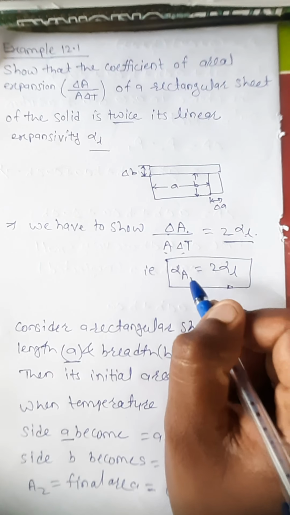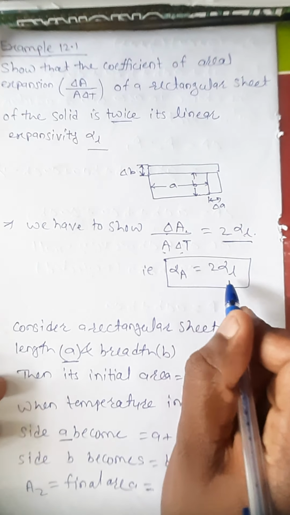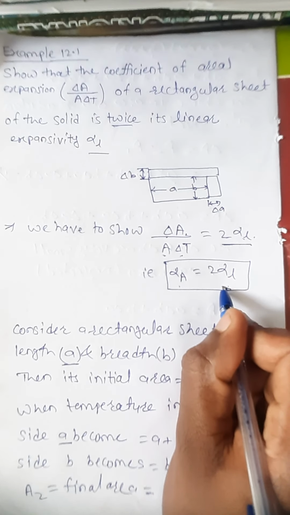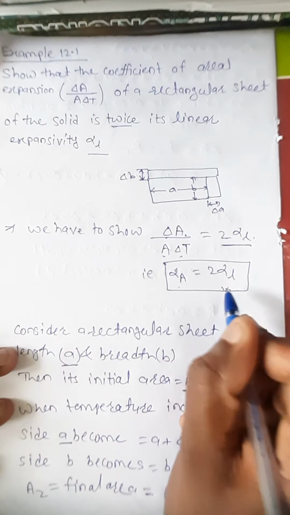This means the coefficient of areal expansion is 2 times that of the coefficient of linear expansion.